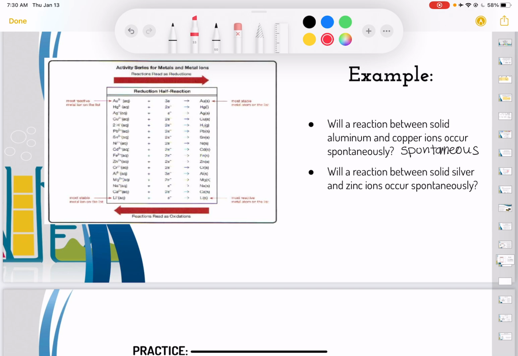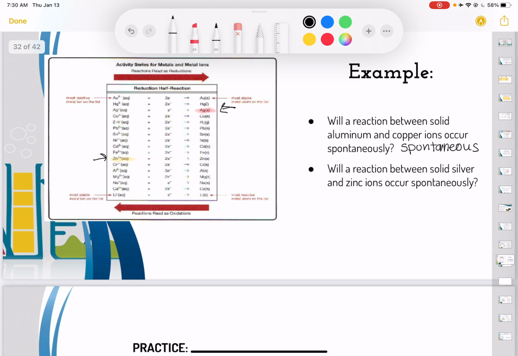And then the next one is asking us, will a reaction between solid silver and zinc ions be spontaneous? So we find zinc ions, we find silver. Because our ion is lower than our solid, this will not be spontaneous, okay?